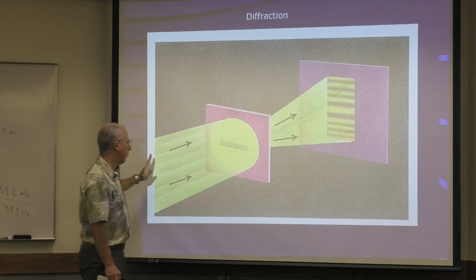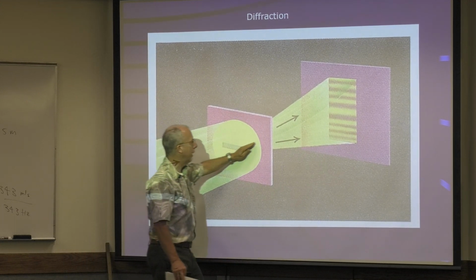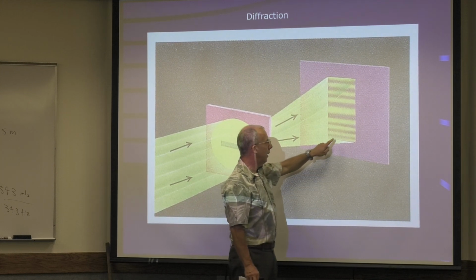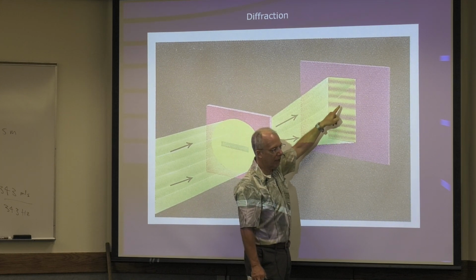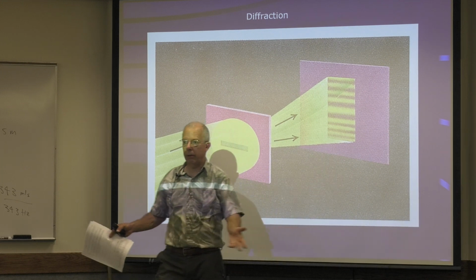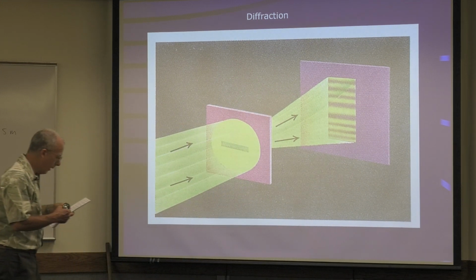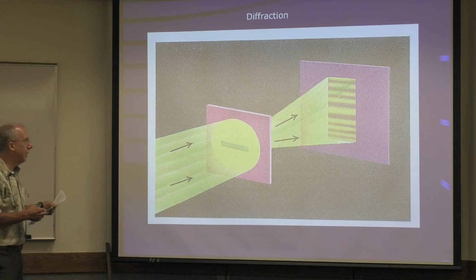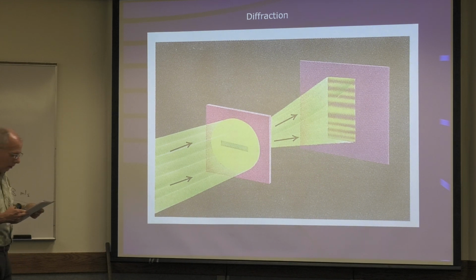But look what happens. The light spreads. Not only does it spread, though, you get dark, light, dark, light, an interference pattern. Whoa, okay. So what do you know? That's called diffraction. We'll talk about that more in gory detail.